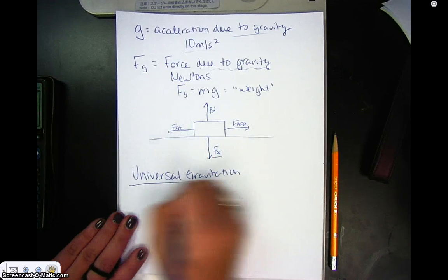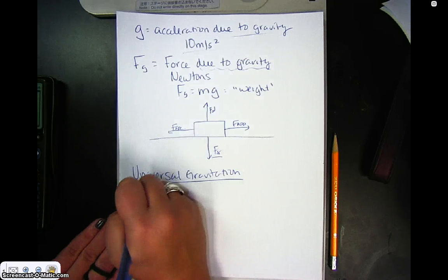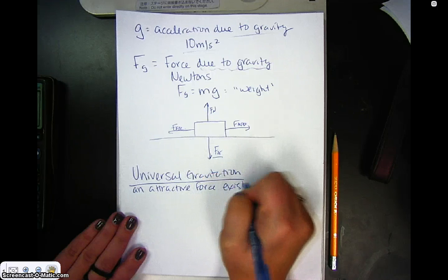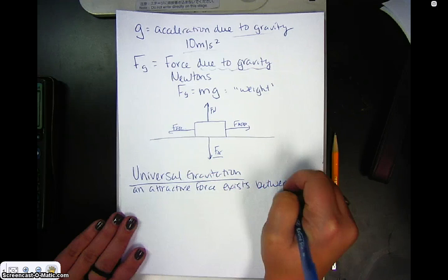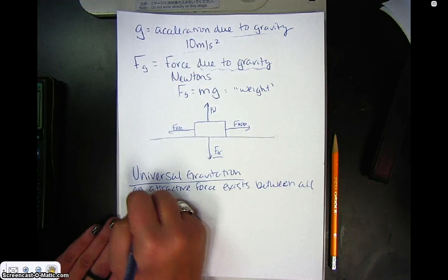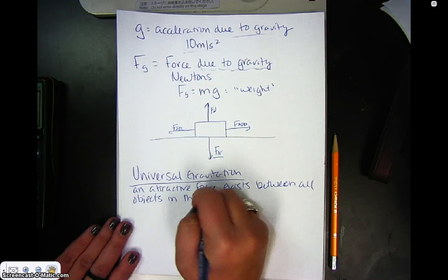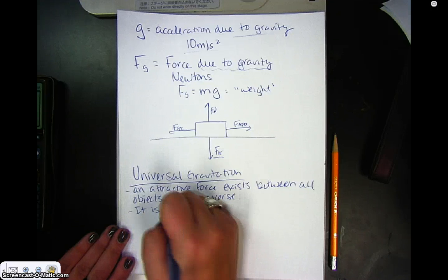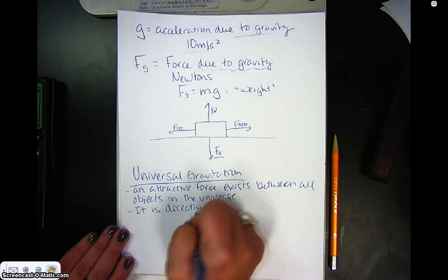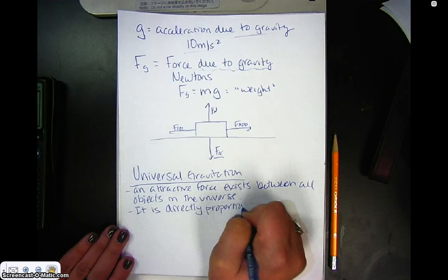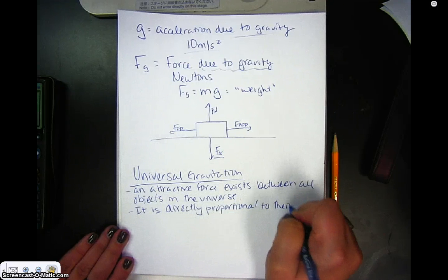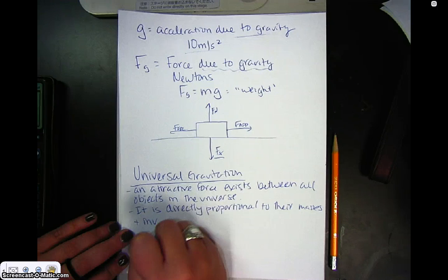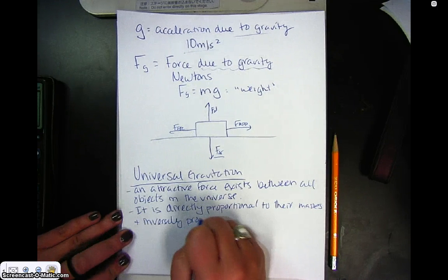It states that an attractive force exists between all objects in the universe, and that it is directly proportional to their masses and inversely proportional to their distances.